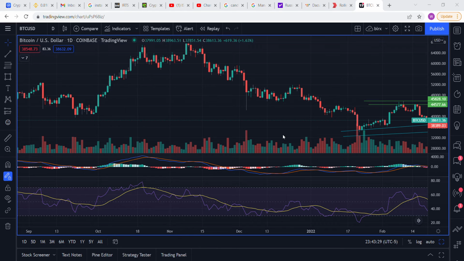You have two separate things telling you that you should be at least paying attention. Maybe not making a trade, but at least paying attention, because there are other things that we have not gone over yet that can line up with this, and then you have a good confirmed trade.